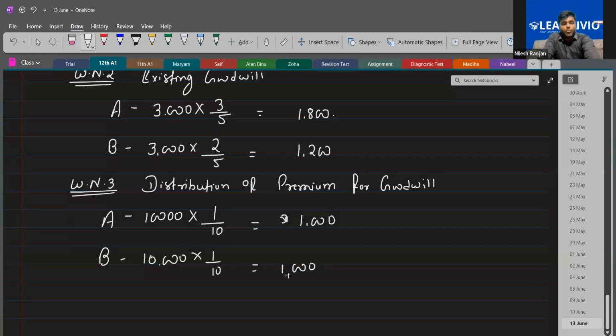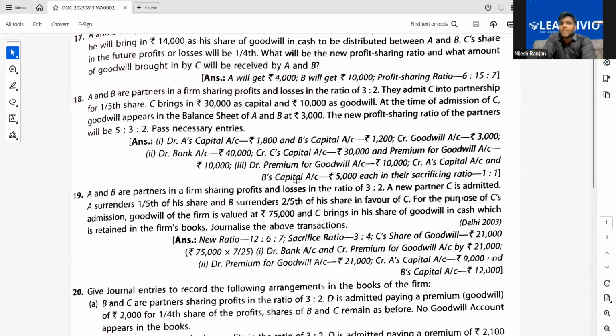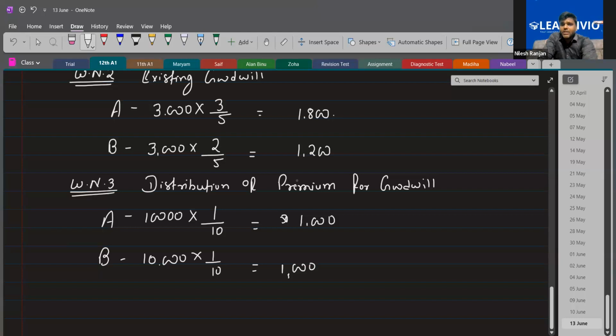How much goodwill is brought by C? You can see this in the question also, and I have also written this. Total goodwill brought by C is 10,000. Okay? A is getting 1,000, B is getting 2,000. So total, how much amount have we distributed?